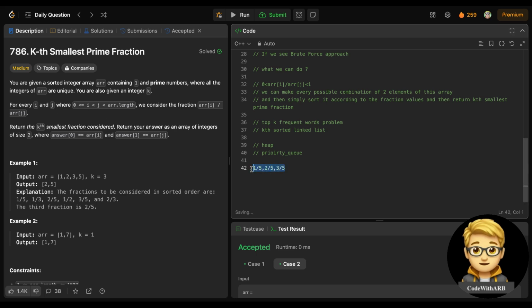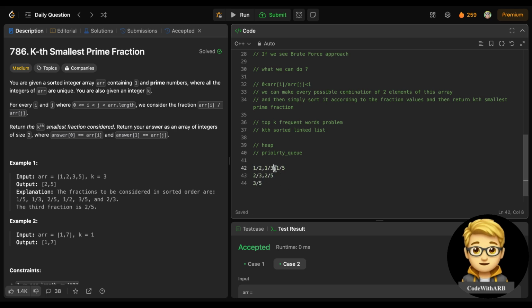For 2, this will be 2 by 3, 2 by 5, right? And for this, 1 by 2, 1 by 3, 1 by 5. So this and this can all be the possible fractions.